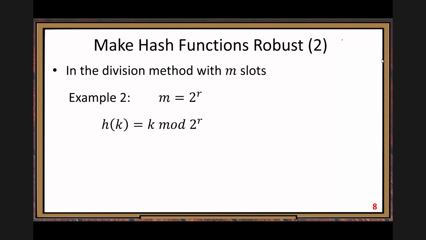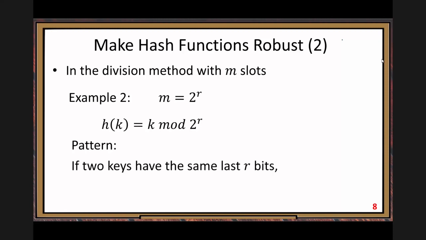If you choose this r, then you can see the problem. It's very easy to beat this method with a pattern. If two keys have the same last r bits, if the pattern is given in this way, then the performance is very bad because you will have a lot of collisions.